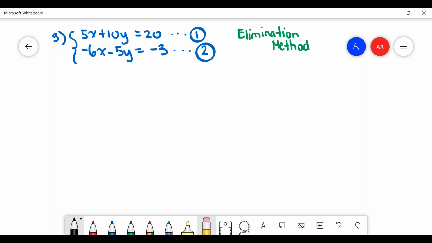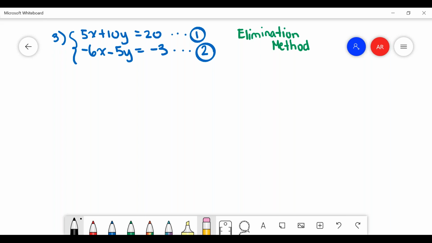And what I mean by this is you want to multiply both equations by something. They don't have to be the same numbers, but you need to multiply both equations by numbers where when you multiply them, you can create opposite coefficients of either x or y. So then when you add those equations up, you can eliminate for either the x or y variable.